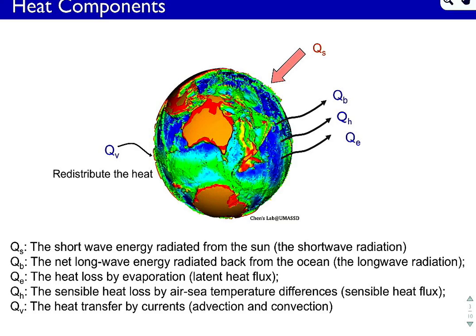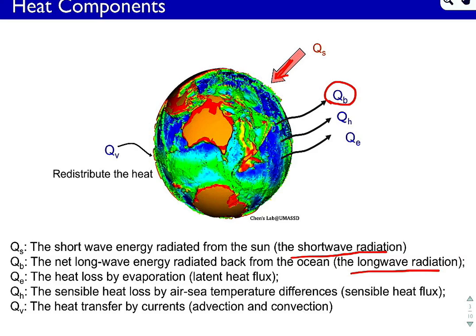There are four key heat components that form the oceanic heat balance. Solar radiation, which is the topic of this discussion, obviously comes from the sun, and is also known as shortwave radiation. We have another form of radiative heat flux, which is the long wave radiation, also known as backscatter.